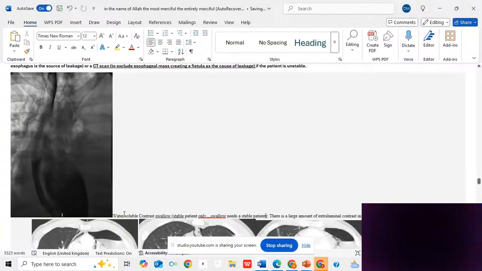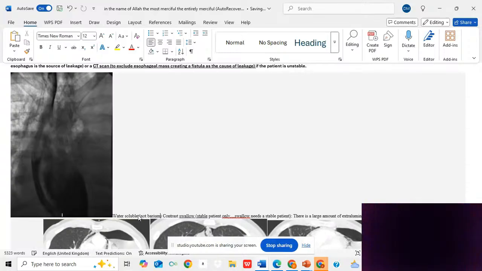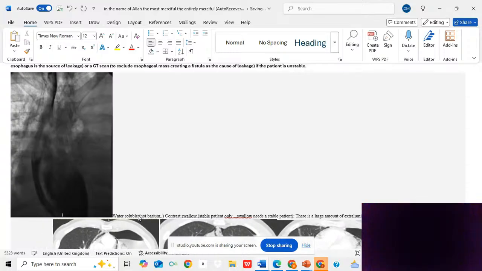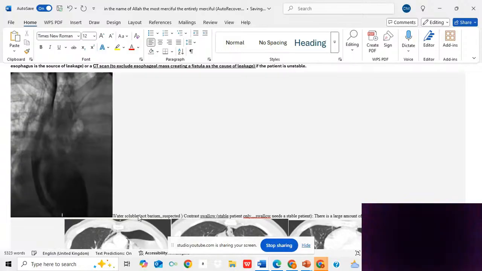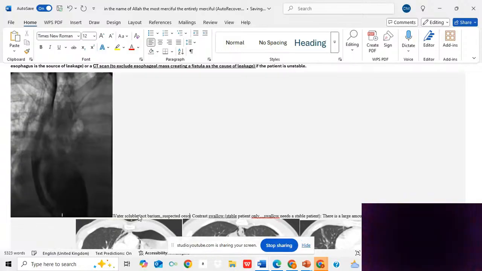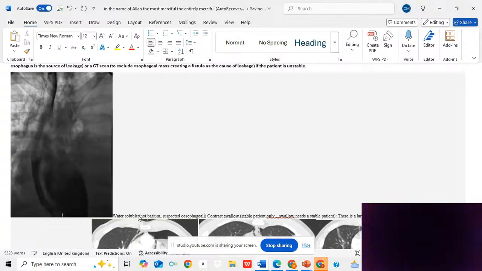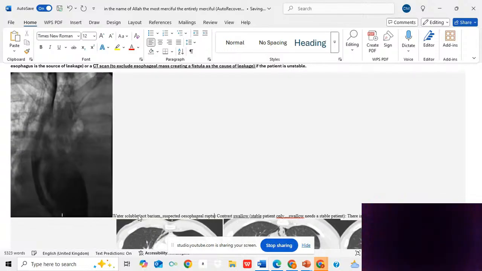Okay, so please use water-soluble, not barium, for suspected esophageal rupture.